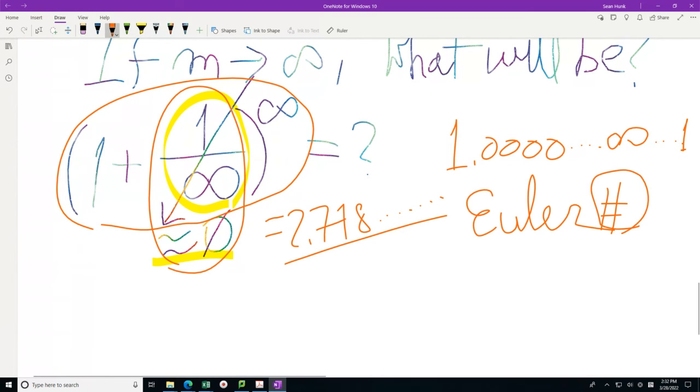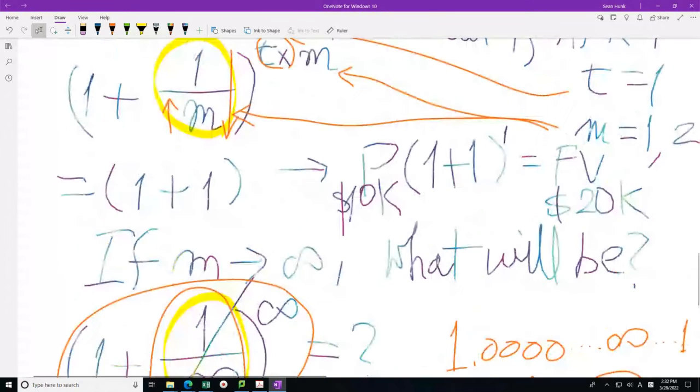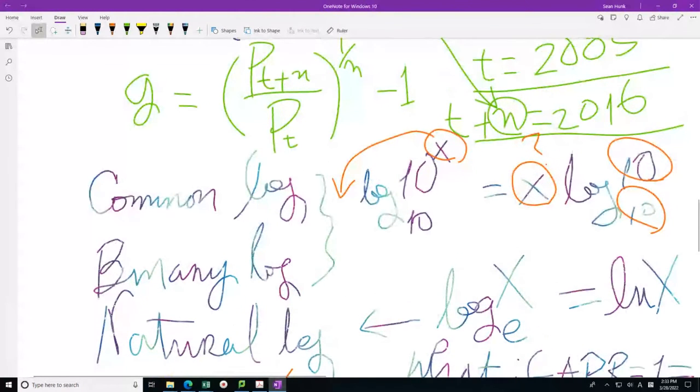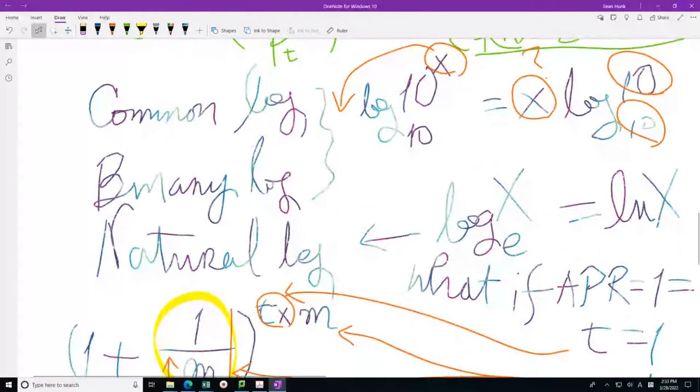Now, why is this important? Well, it's significant because we had difficulty taking common log of numbers other than the powers of 10, or taking binary log of numbers that are not powers of 2, right?